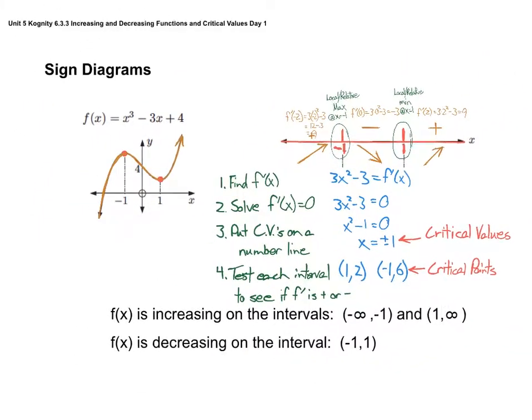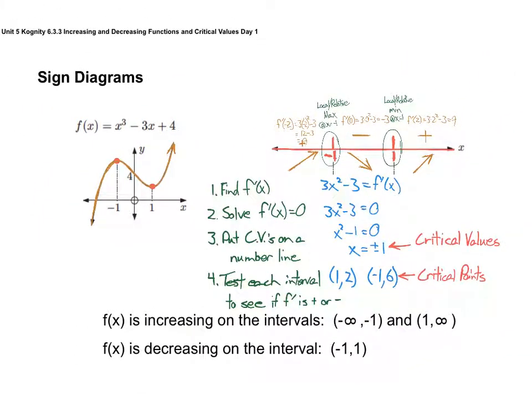Another thing here, notice, we often will write the intervals where the function is increasing or decreasing. So you notice I used interval notation, and notice I used parentheses, not brackets, because at -1 and 1, we're not increasing or decreasing. It's 0.